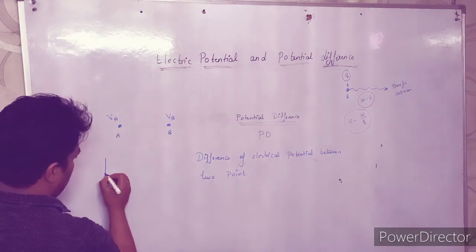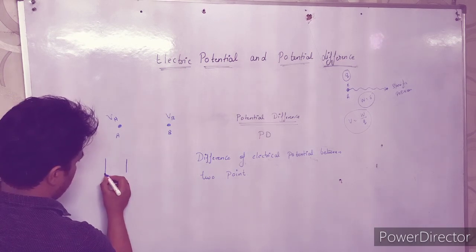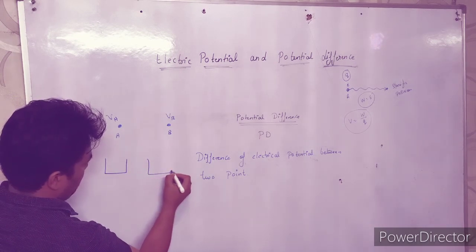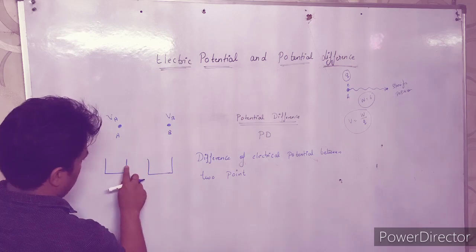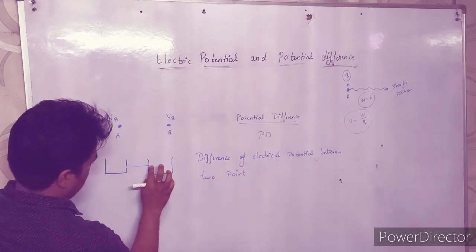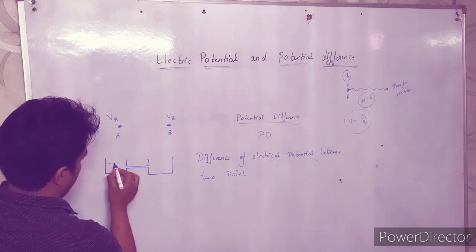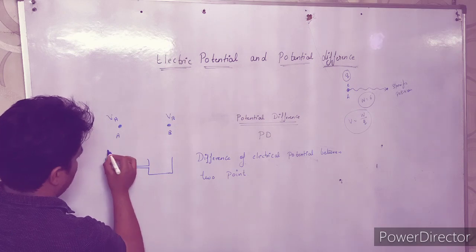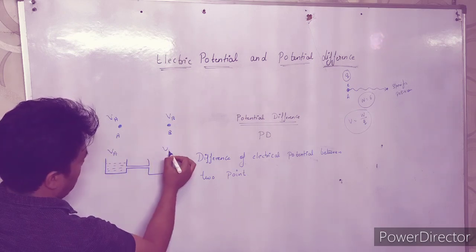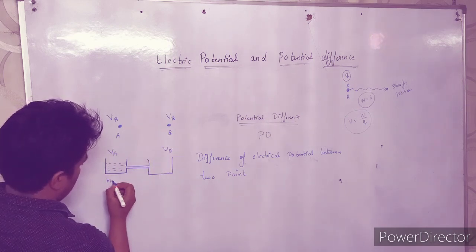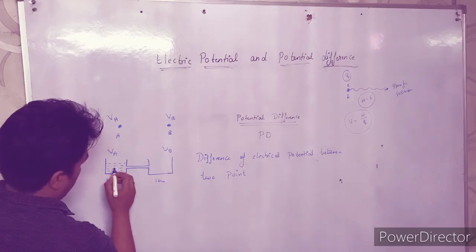We can express it very simply: we have two containers like this, connected like this. If both have that much water, that is VA and that is VB, and this is high and that is low. What will happen?